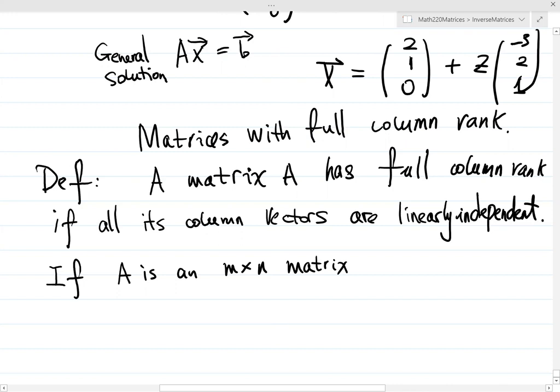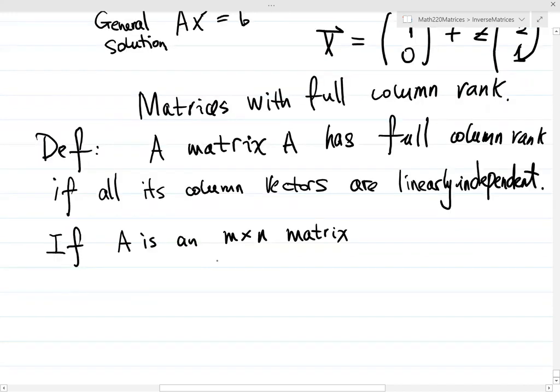Now m rows can at most span an m-dimensional vector space, and n columns span at most an n-dimensional vector space. So the rank of A is bounded by the number of columns and the number of rows. So the rank of A is less than or equal to the minimum of m and n.